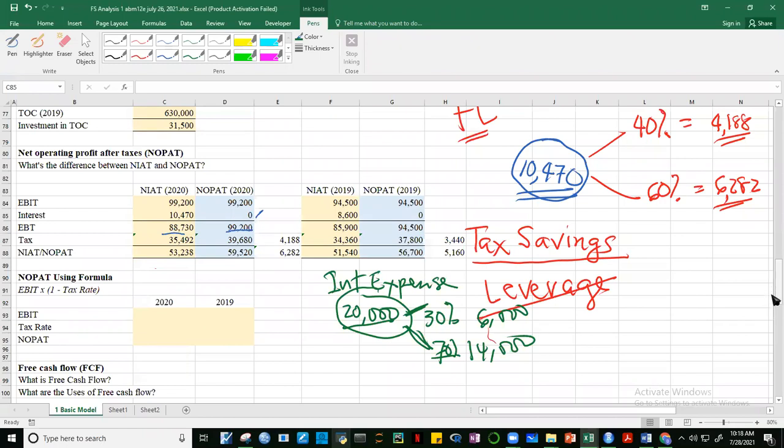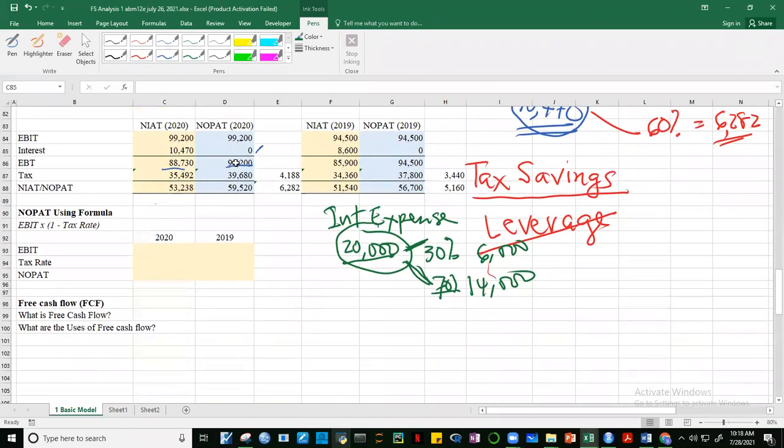Okay, so dito, di ba, pinlat out pa natin yung NOPAT, no? Para ma-determine natin yung 59,520. We can actually i-shortcut natin, guys, kung paano natin makukuha si NOPAT. So it's just the EBIT less the tax, di ba? EBIT less the tax, that will be your NOPAT.